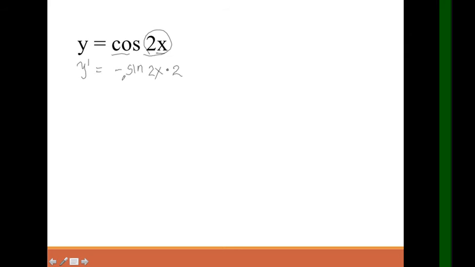Okay? Bakit naging 2? If you will still remember, no, kapag merong variable, yung constant or yung number, aalisin lang natin yon kasi this means na kapag kinuha natin derivative ng 2x, that means 1 minus 1, and that is 2x raised to 0. And as we all know, x raised to 0 is 1, so we have 2 times 1, so that's 2.